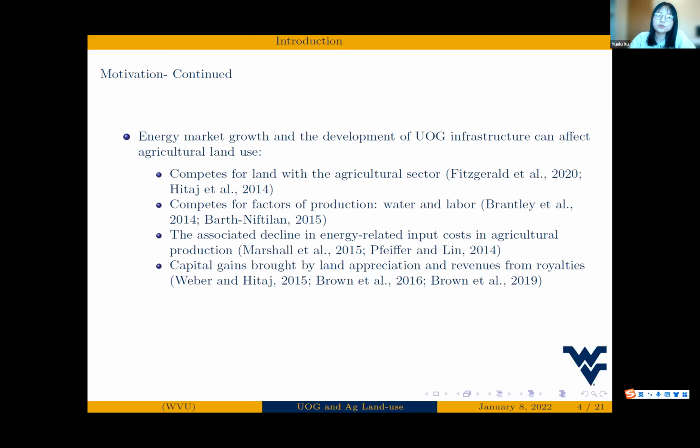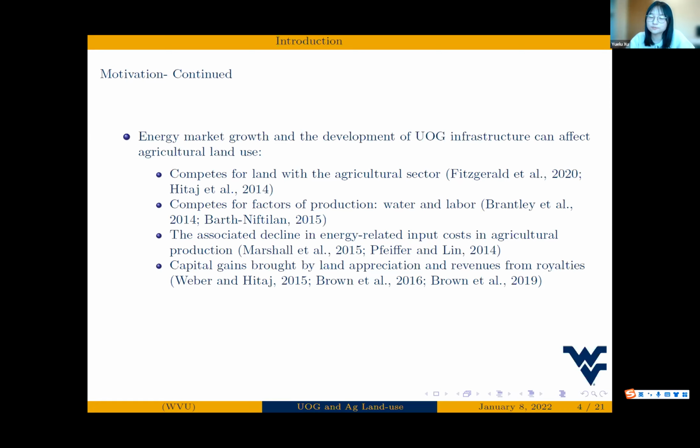Second, UOG and agriculture to some degree compete for factors of production, such as water and labor.